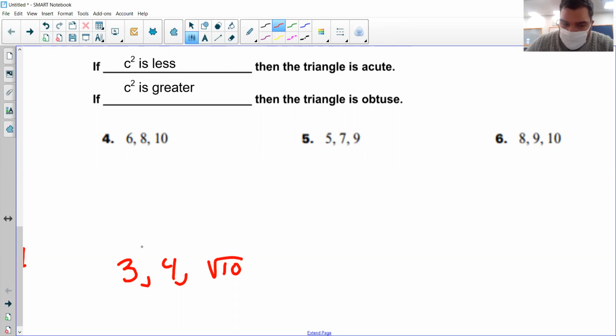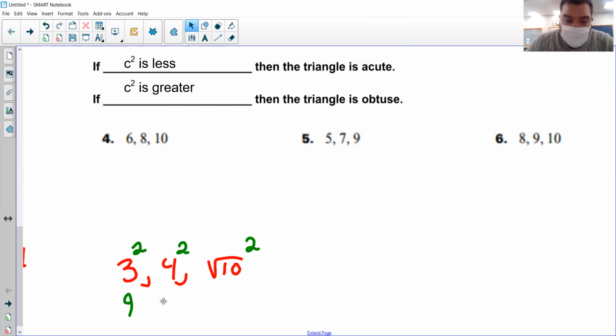What would occur is in this situation, you don't know what the square root of 10 is. If you put it in your calculator, you could get the decimal. But let's say you don't know what the decimal is. What you can do is square each one first and see which one's bigger after you square it. So 3 squared is 9. 4 squared is 16.